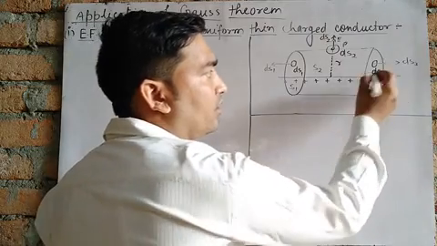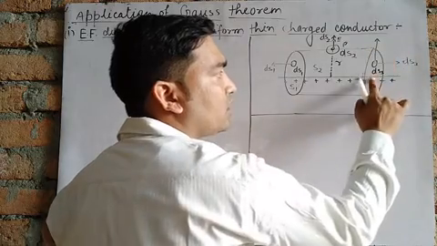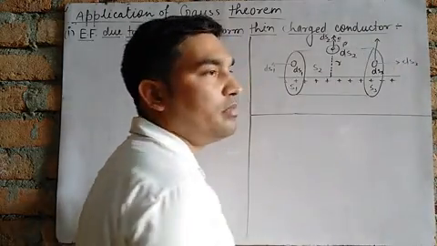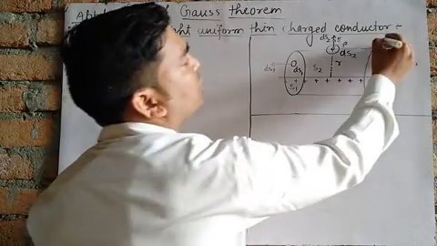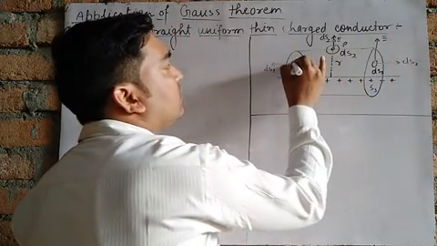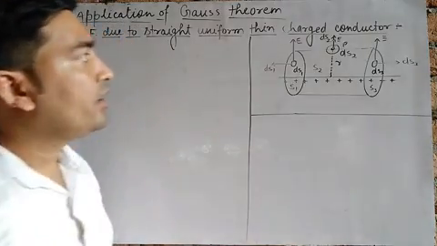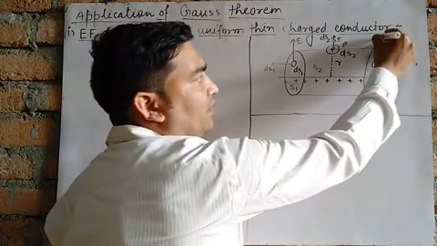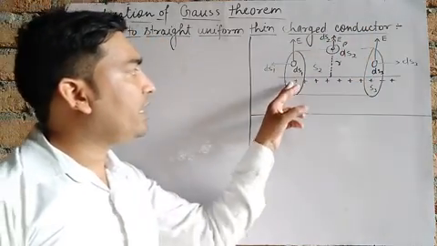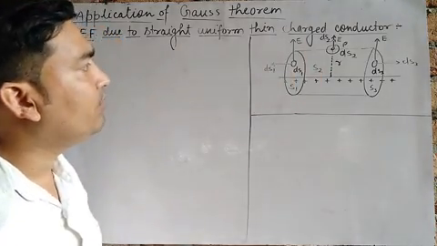And here the electric field at this surface is perpendicularly upward, because the electric field due to a positive charge is away from the positive charge. The electric field is the same at every place, because the charge is uniform. Uniform means the same charge everywhere.